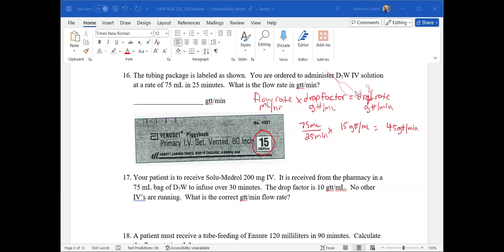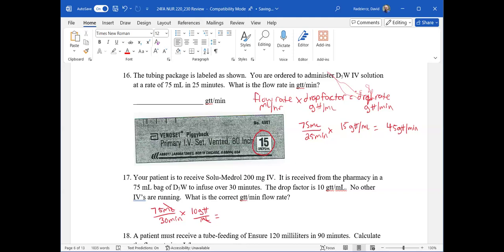So what did I do? So remember, you need your flow rate. Okay, 75 milliliters over 30 minutes, times your drop factor. Oh, I didn't put it over minutes, because milliliters would cross out. Mhm.